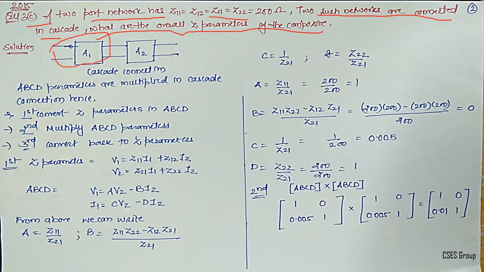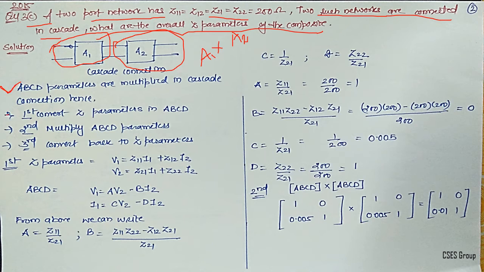I have one network and the other network connected in cascade. Please remember, guys, when two networks are connected in cascade, their transmission parameters, the ABCD parameters, are simply multiplied in matrix form. That's a very important point. So we will divide the solution into three steps.